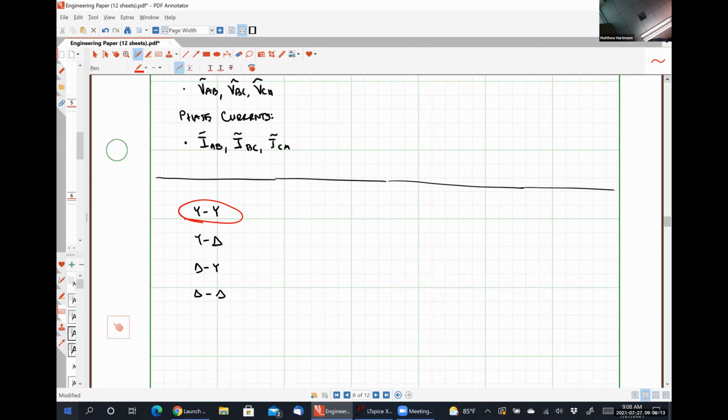And what we're going to do towards the end of Thursday is effectively learn conversion techniques so that we can make a delta connected source look like a Y connected source and a delta connected load look like a Y connected load, so that we can make any 3-phase system look like the easiest possible system to analyze, so that we don't have to go through worrying about 4 different ways to analyze these circuits.